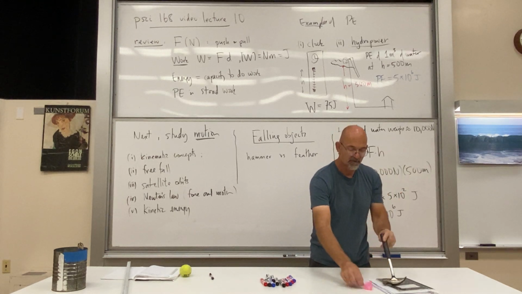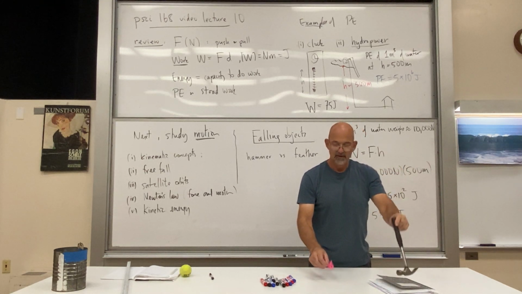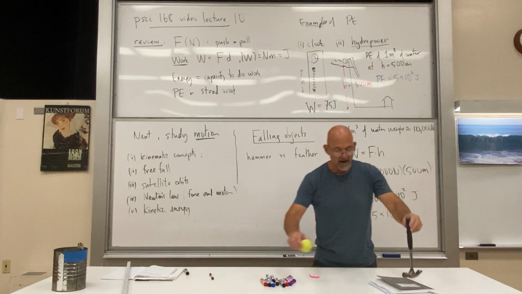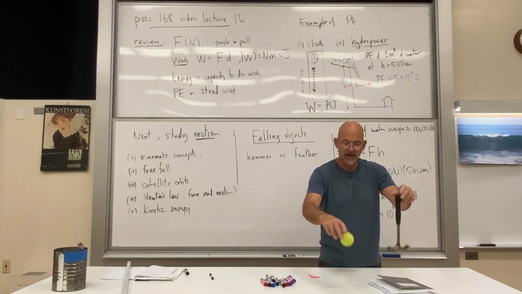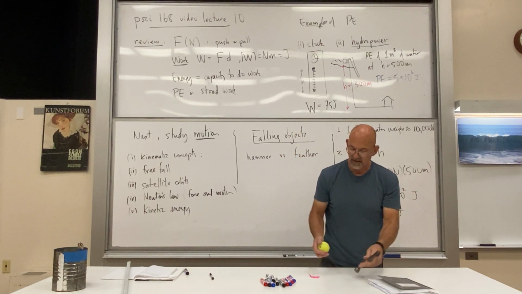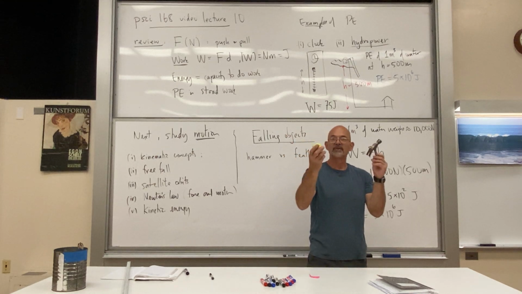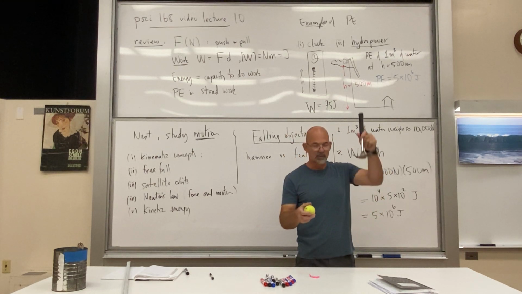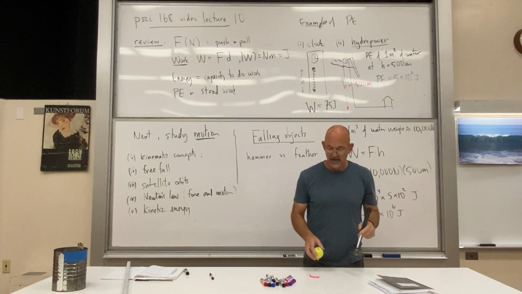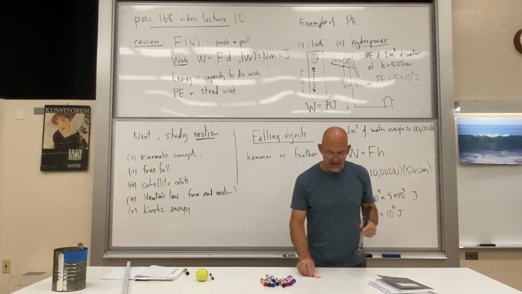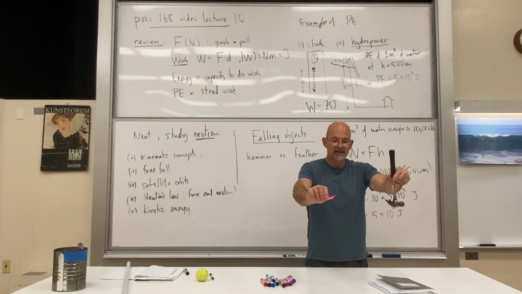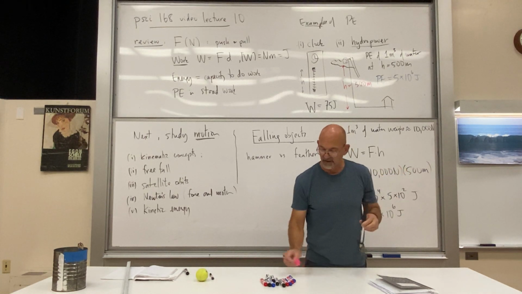Okay, hammer falls much faster. Tennis ball at this range is really about the same. You're not going to see any difference with the hammer and the tennis ball. If you were to drop this from a tall building, the hammer would probably win the race. But the feather seems to be a qualitatively completely different thing. Feather falls so slowly.